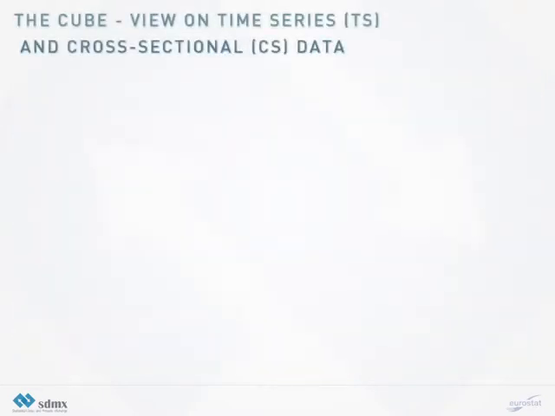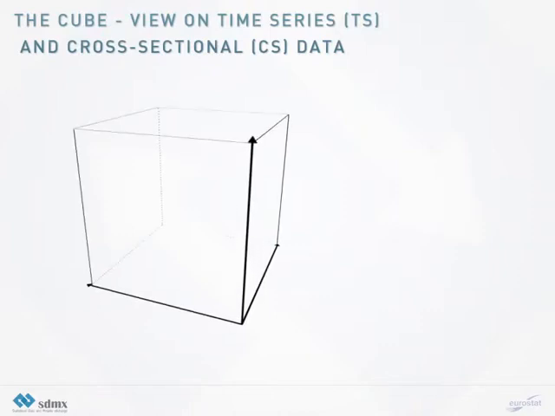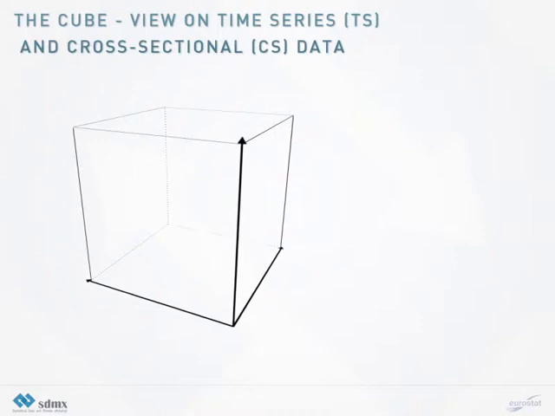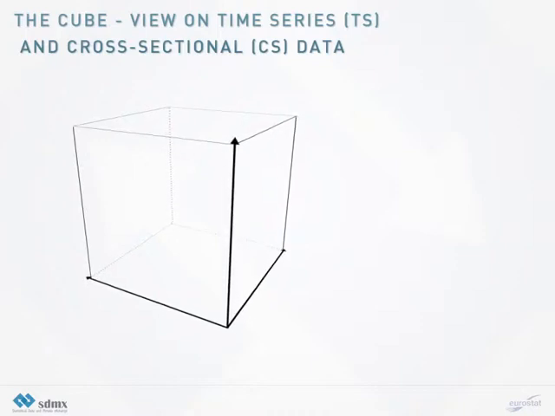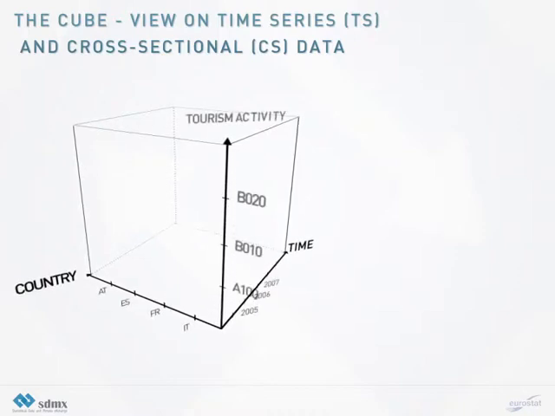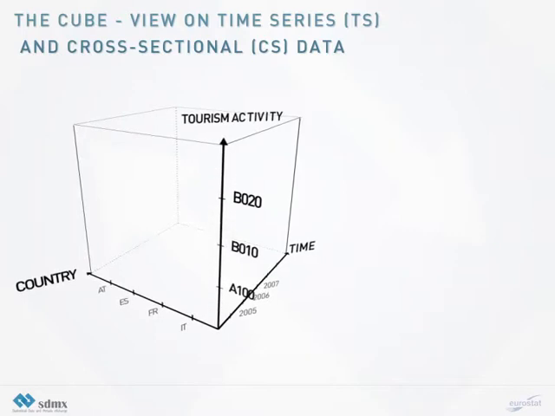The table we just saw is a time series presentation showing data over several years. As it is illustrated in the following statistical data cube, data can be presented in a time series or cross-sectional. 3 dimensions, country, time, and tourism activity are shown in the cube.